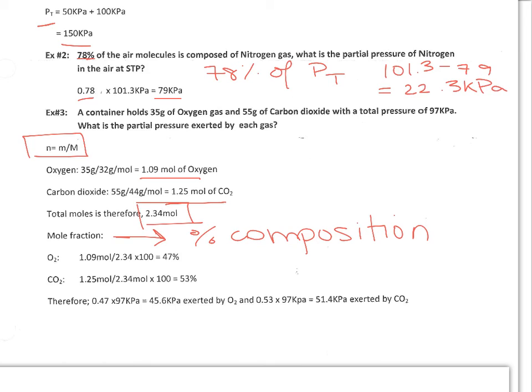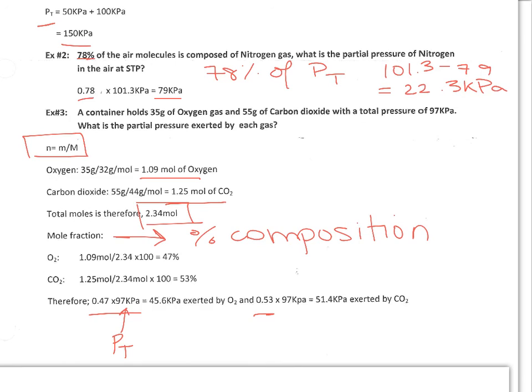So I can just multiply my percent value times the total pressure. Remember, this 97 is my total pressure, which gives me 45.6 kilopascals exerted by the oxygen. Then I can do the same thing with the mole fraction, or percent composition, of carbon dioxide times the total pressure to give me the total kilopascals exerted by the carbon dioxide.